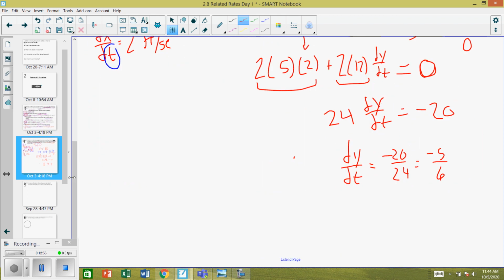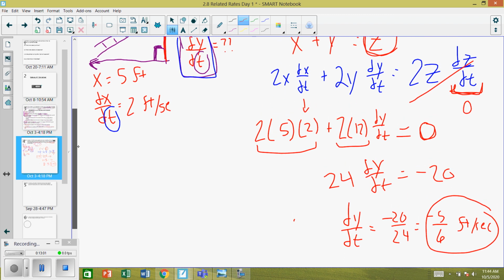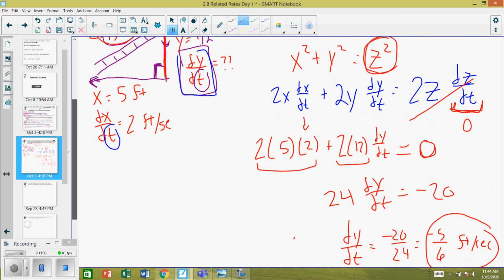Feet per second. So there you have it. The rate at which the ladder is sliding down the wall is negative 5/6 feet per second. And it should make sense that it's negative because the distance of the ladder to the ground is decreasing. It's getting smaller. It's going down. So your rate is negative.